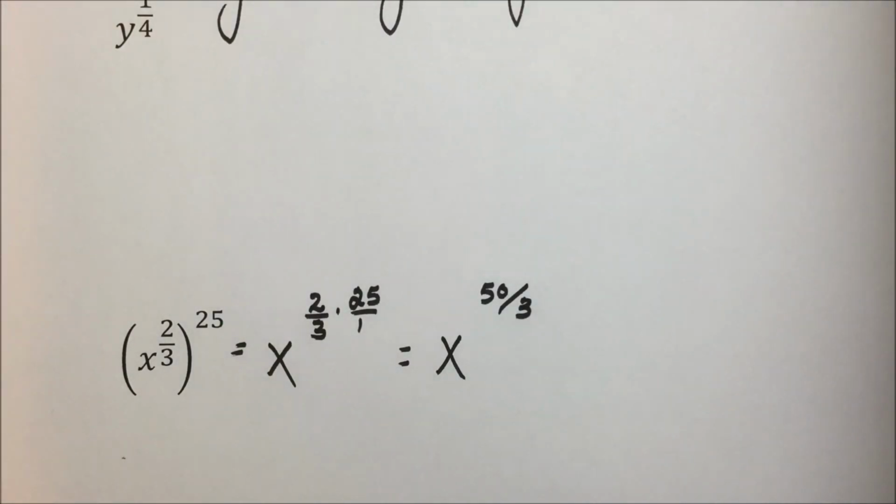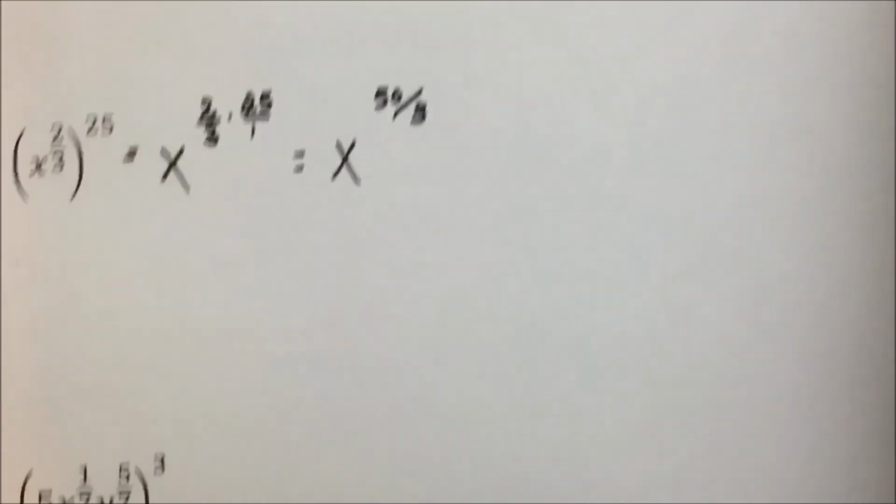Typically, we will leave our exponential power as an improper fraction rather than a mixed number. Perhaps they would list this as a decimal equivalent, but having that third isn't going to give us an exact decimal equivalent other than putting a repeat bar. 50 over 3 is the best way of expressing this.